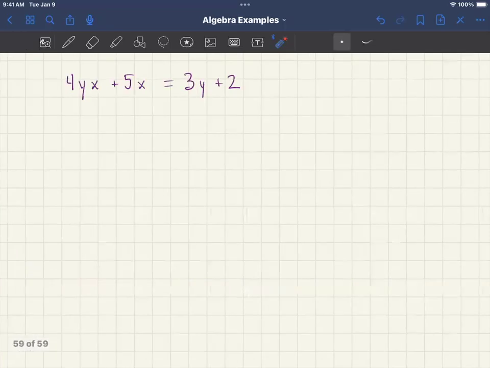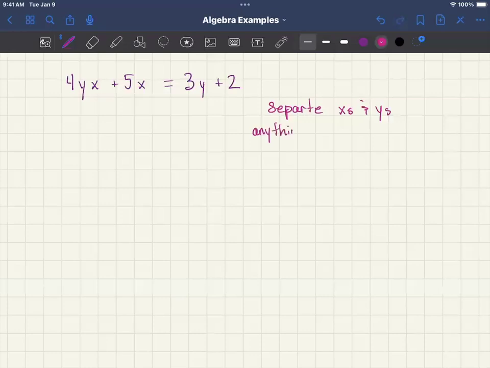And now what we're going to do to solve this is separate x's and y's. Anything with a y, let's put on the left-hand side, which I'll abbreviate as LHS.